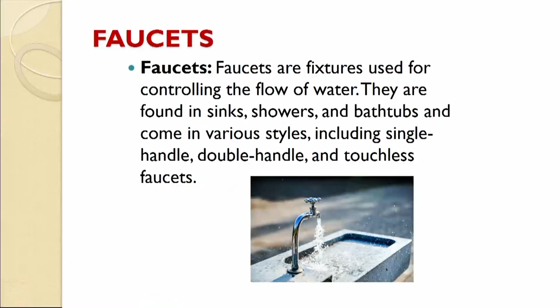Now faucets. I have provided you the figure of a very simple and ordinary faucet. When we discuss faucets in detail, and also how to repair them, we will show you the different types.